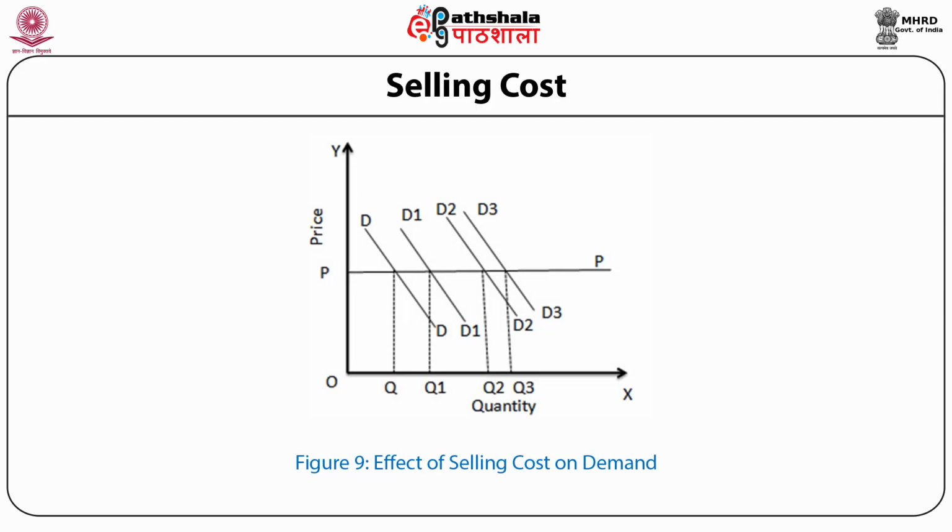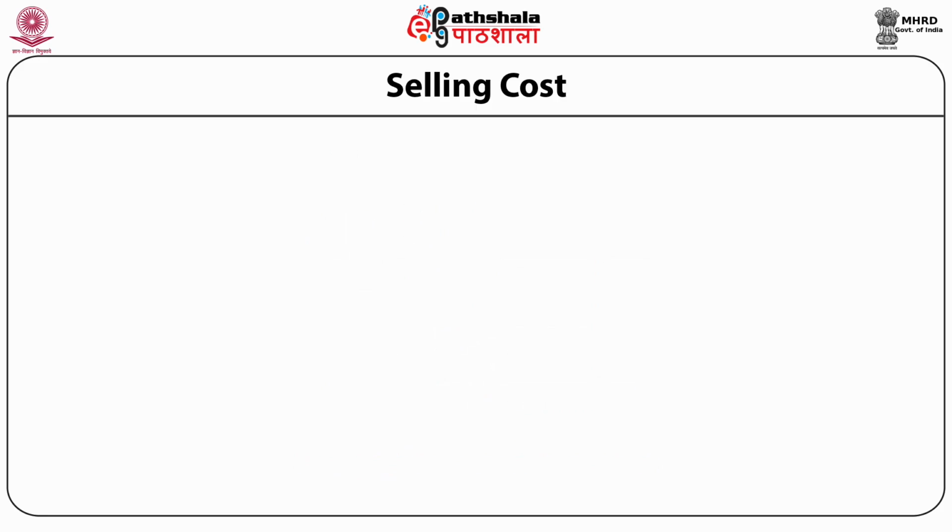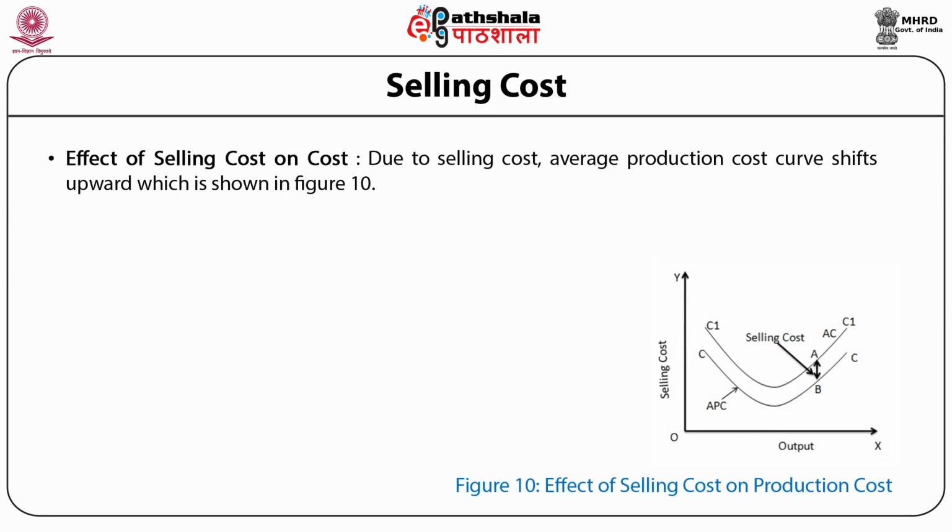As shown in figure 9, initially when selling cost is incurred, demand increases from D to D1, D1 to D2, with increasing returns, and then D3, which indicates diminishing returns. Effect of selling cost on cost.